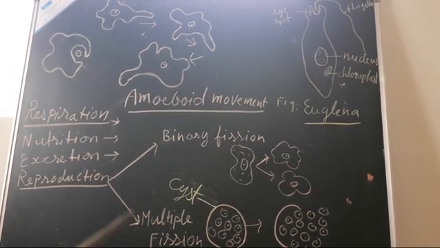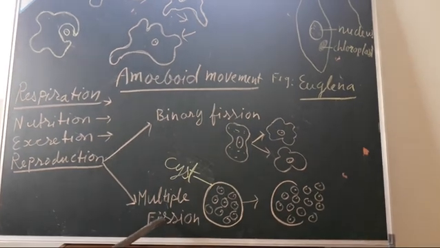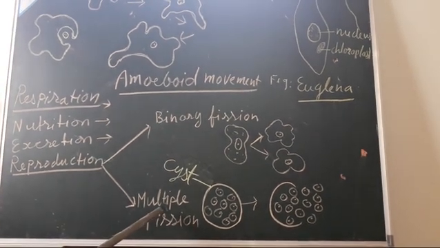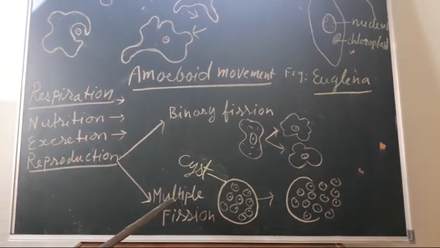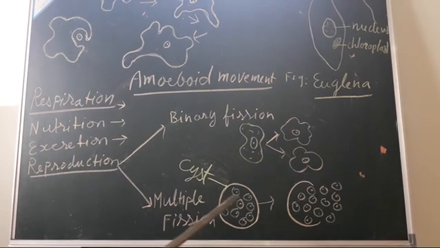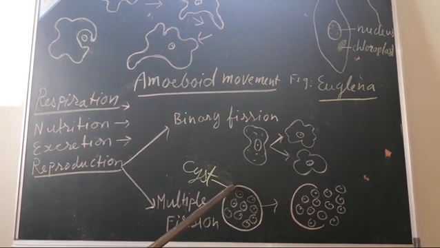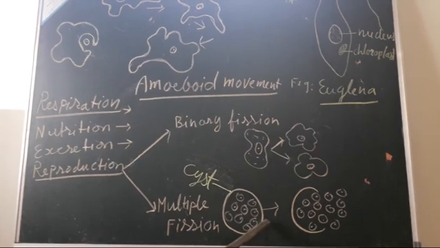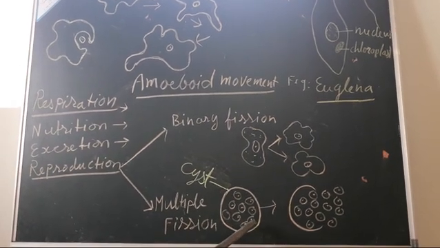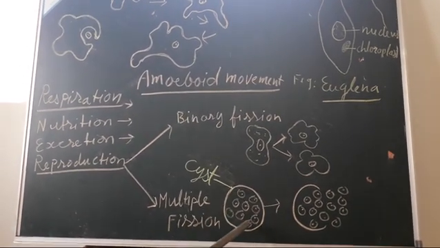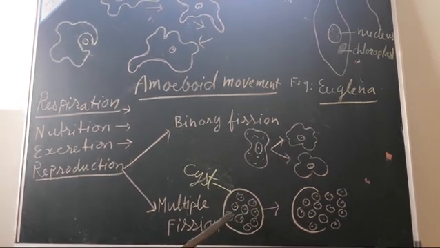And next is multiple fission. This takes place during unfavorable conditions. Amoeba forms a cyst around it which protects the amoeba in unfavorable conditions.